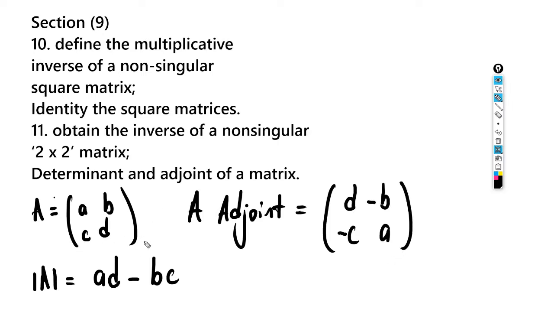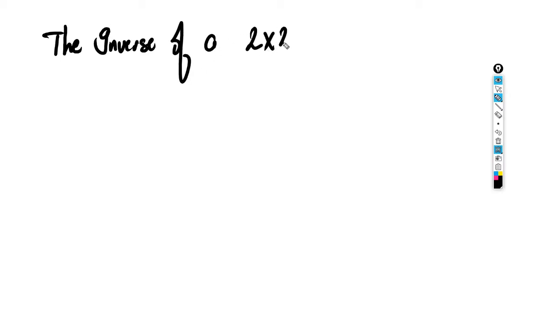Okay, so we need these definitions here to find the inverse. So now we're going to define what the inverse is. Let's just clear the screen here so we'll have some space. Okay, so we're going to find the inverse of a 2 by 2 matrix.